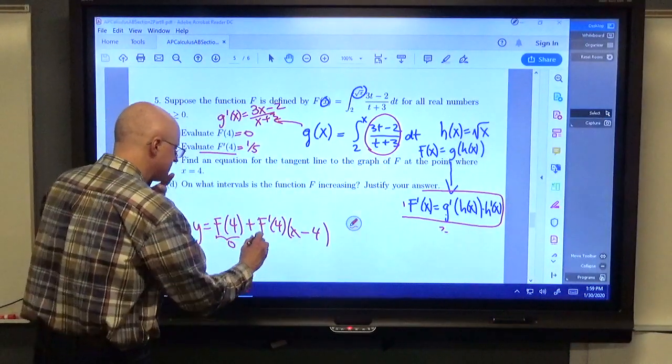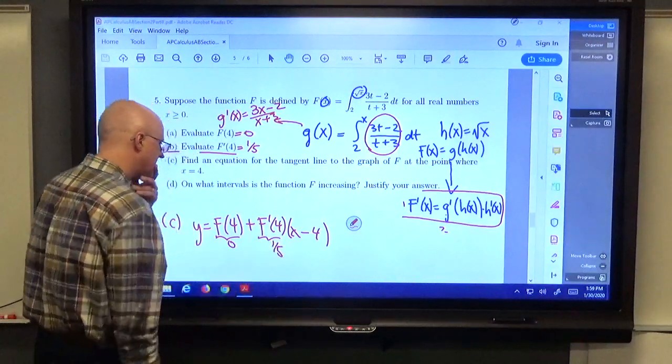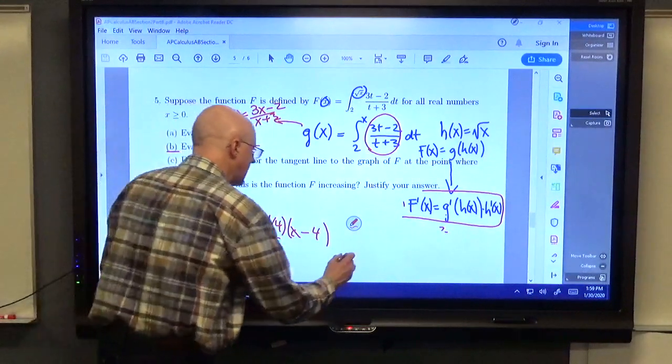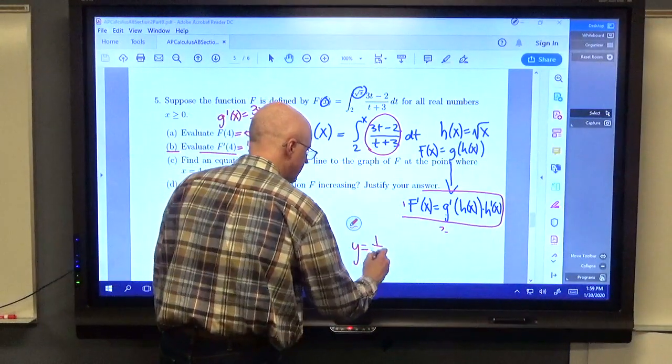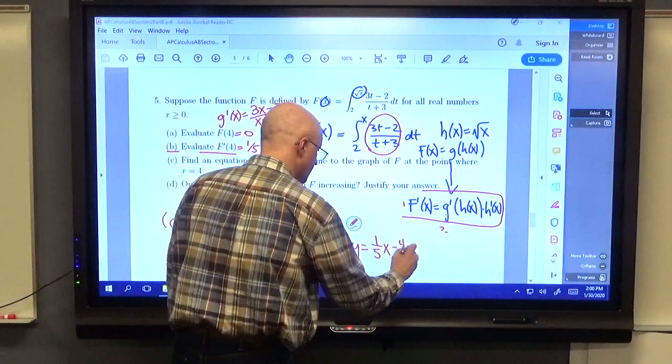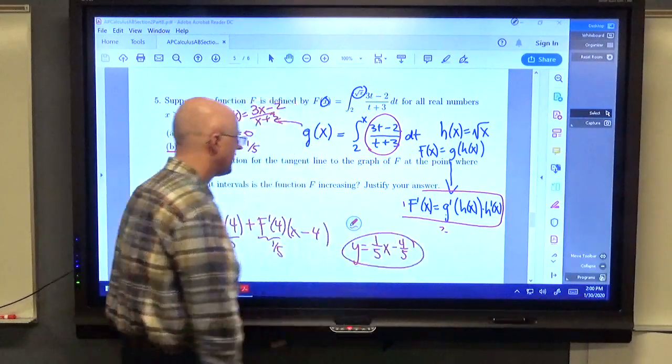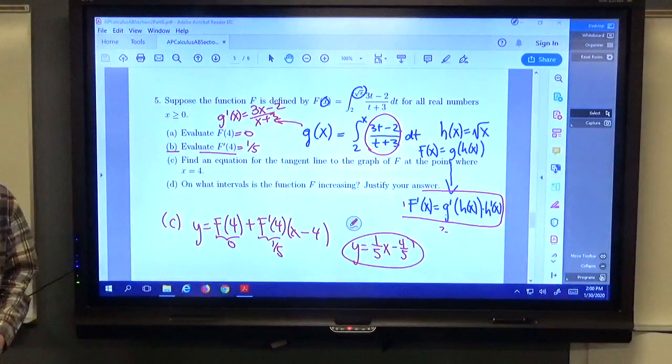That's 0, this is 1/5. So the answer to part C is y equals 1/5 times x minus 4, which is 1/5 x minus 4/5. That is the answer to part C.